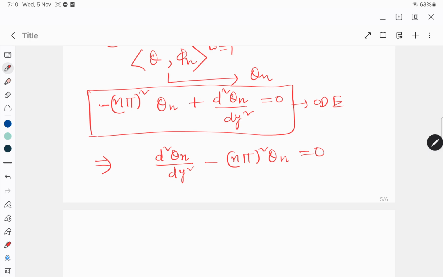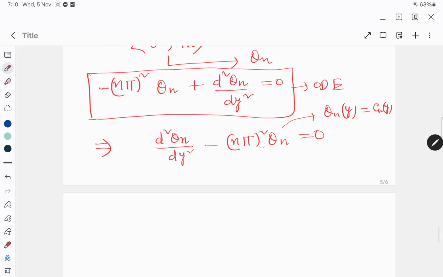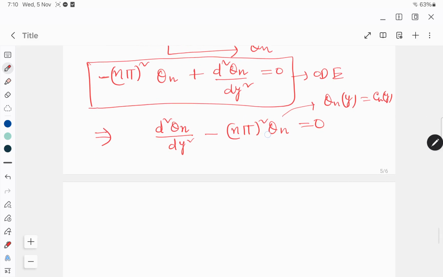Now we need to solve this one, and once we solve it, we will get theta n as a function of y. Theta n is a function of y. So we will be able to get the value of theta n. Now this is the differential equation that we have to solve.